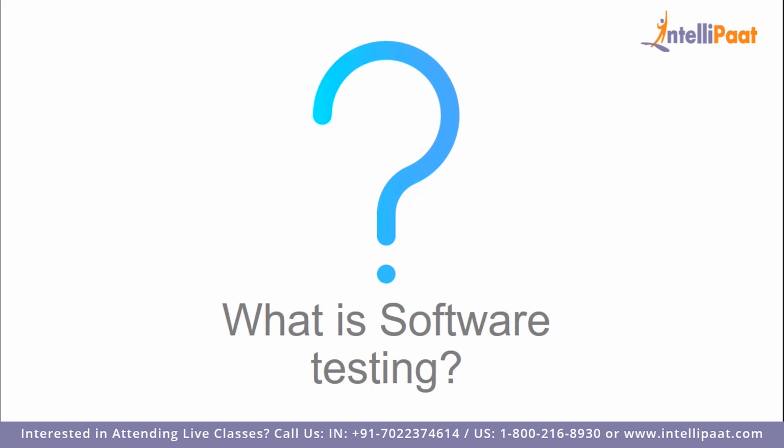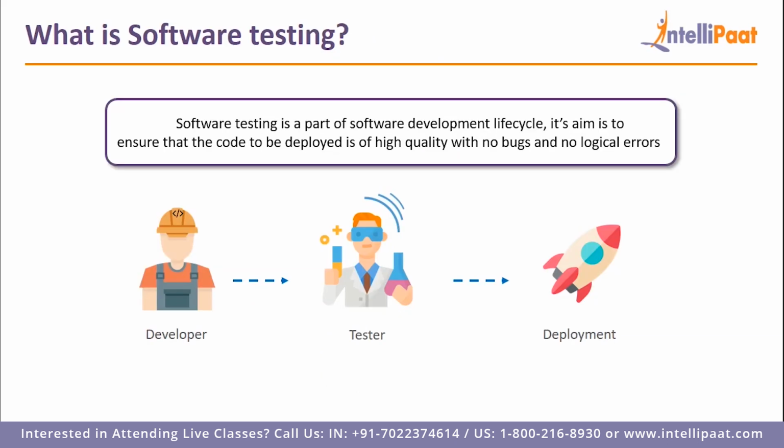Now let's start with our first topic. What is software testing? Software testing is a part of the software development lifecycle. Its aim is to ensure that the code to be deployed is of high quality with no bugs and no logical errors. If you imagine yourself as a developer making an app in a company, then your job would be to develop the code. But after it's done being developed, it's sent to a tester who makes sure that the code is of high quality with no bugs and no logical errors.